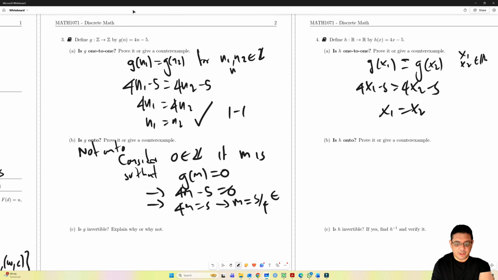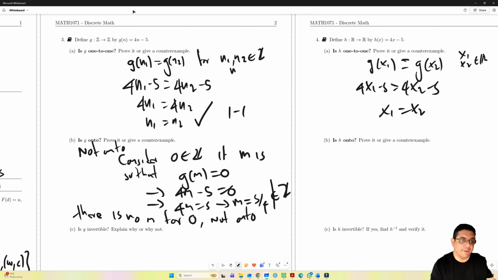But this does not belong to the integers. So this means that it doesn't exist. There is no m for 0. So it's not onto.